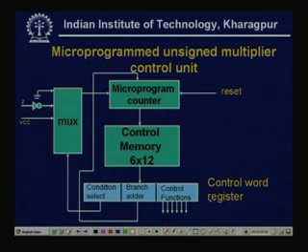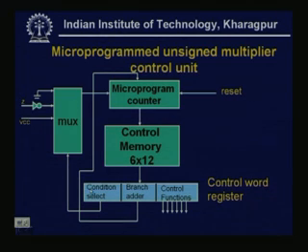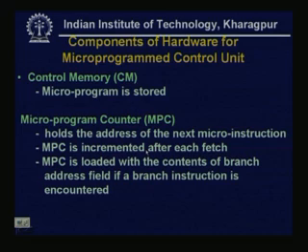So, we see the different components. First is the control memory. This is the main component of the design and it contains the microprogram, so the microprogram is stored here.